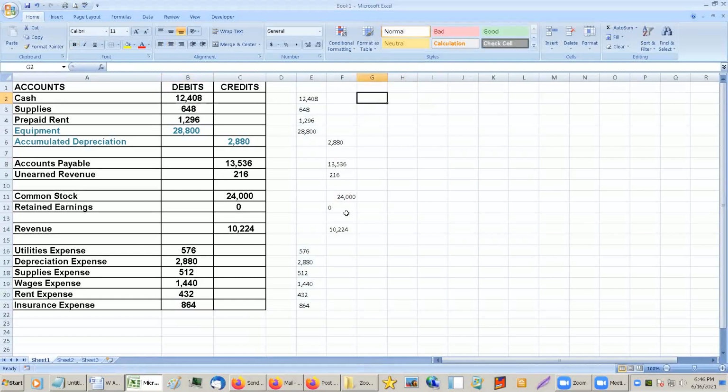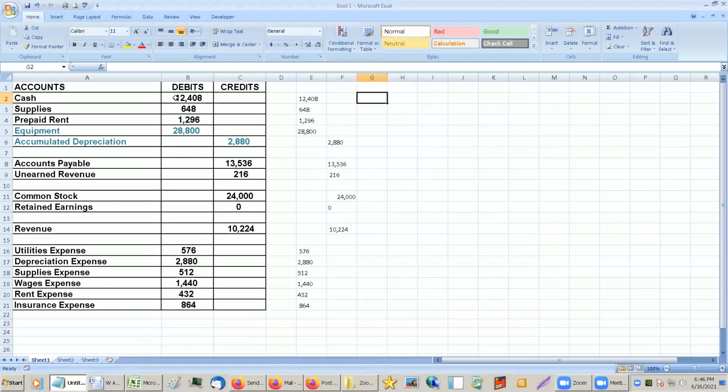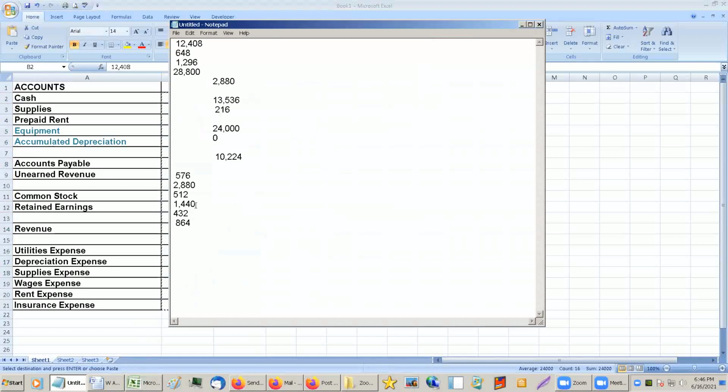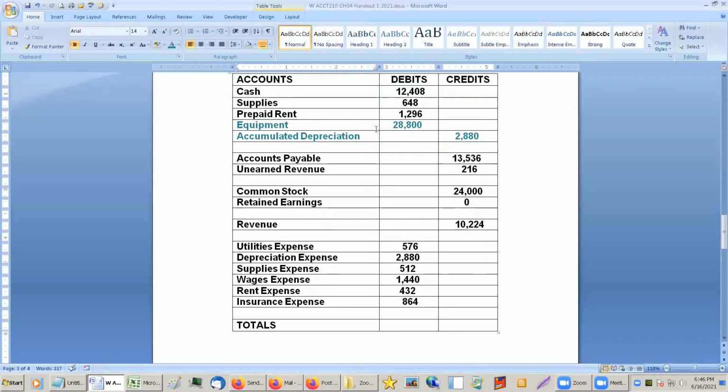I know there's a way to convert text to numbers, but okay. We'll do it the old-fashioned way.